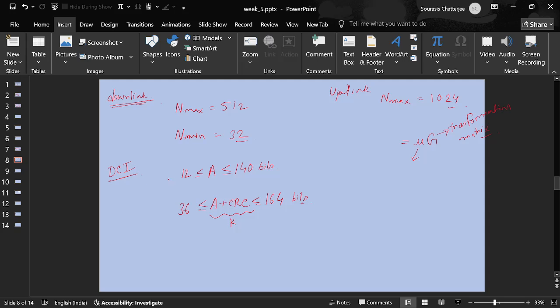So I have this A plus CRC, let's say some k bits, and I need to fit them into some greater value, that is n cross 1, or in this case 1 cross n. So how do I choose that?